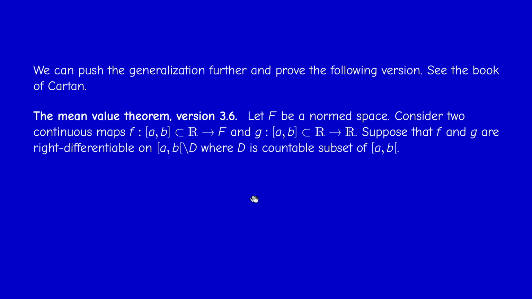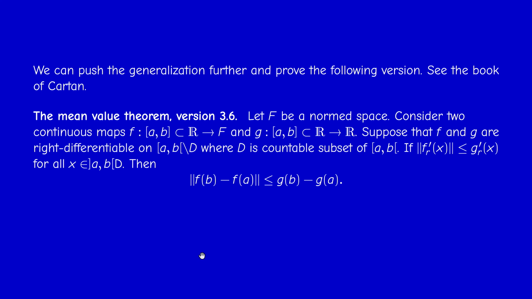Same assumptions, but instead of right differentiability on the semi-closed interval, it's enough to assume right differentiability except at a countable set D, and the same inequality holds for all x not in D. Then the same conclusion holds.